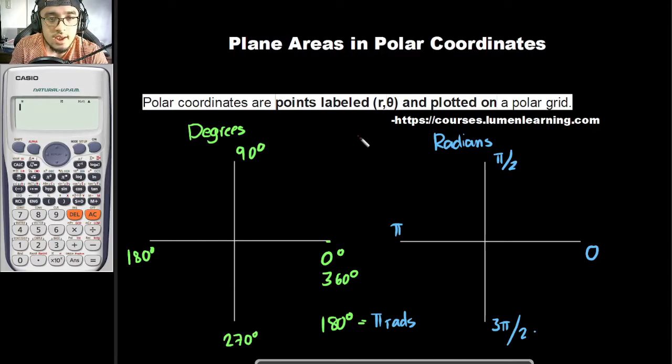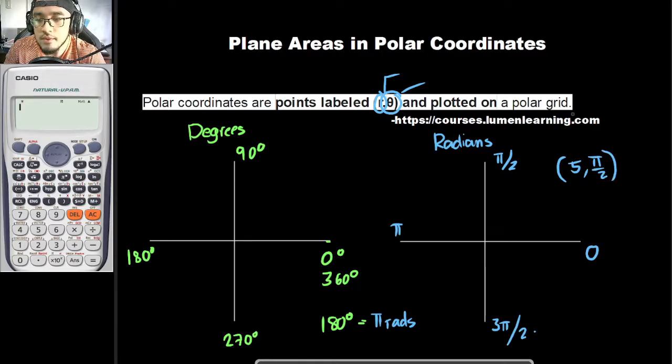As you can see, our points are labeled as r and theta, where r is the distance from the origin to the point that you are labeling, and theta is your angle in reference to the positive x-axis, counterclockwise. Suppose that in radians our point is (5, pi over 2).